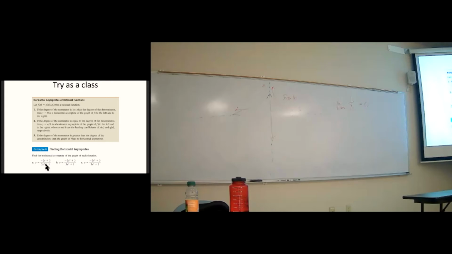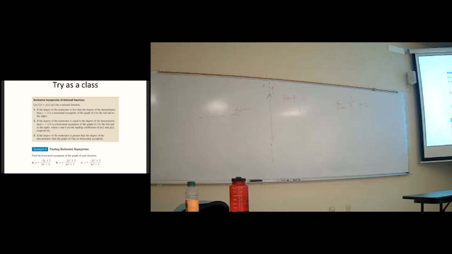This thing is growing a lot faster than this thing is shrinking. So the growth of our denominator is going to outpace the growth of our numerator, and that's why we know that we have a horizontal asymptote at y equal to 0. Is everybody cool with that?